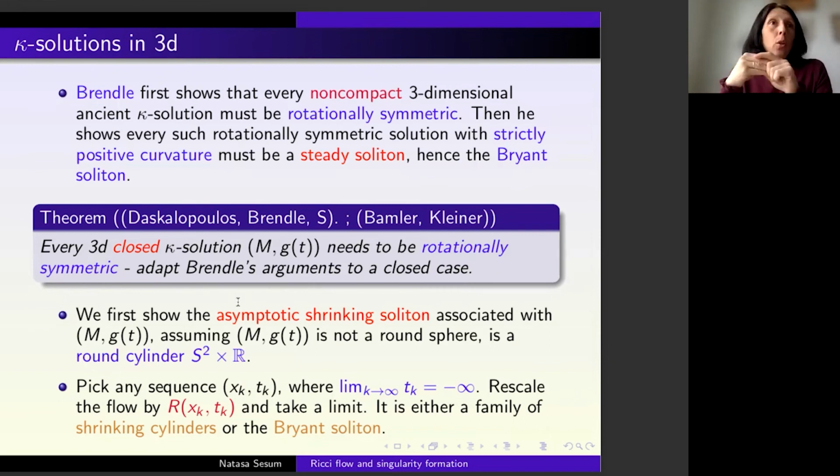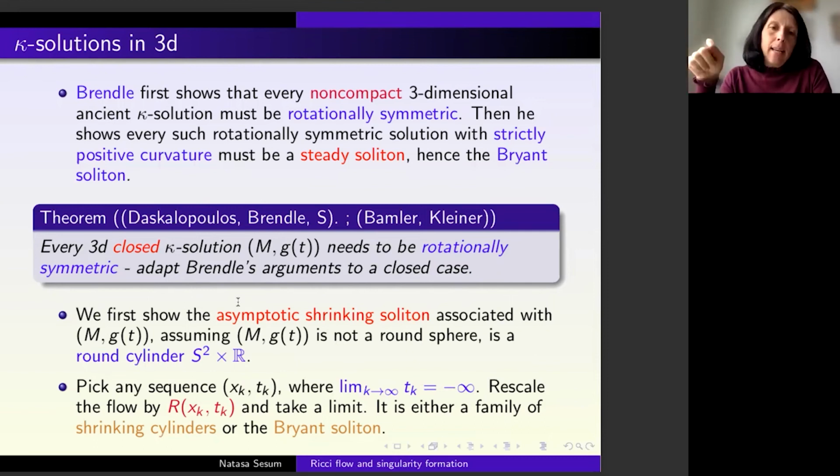The first thing that you can prove is that there exists a sequence of points in the manifold and times ti going to negative infinity, so that when you rescale around them by the scalar curvature and take the limit, it will be the cylinder S2 cross R, right? And this is what we call the asymptotic shrinking soliton, which is somehow buried into your solution. So you prove that there exists one sequence with that property.